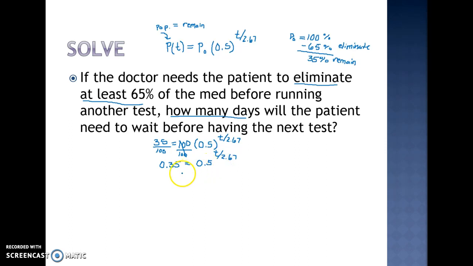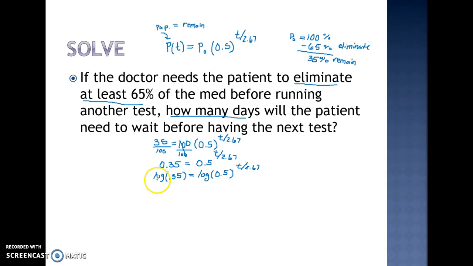In order to continue, I need to take a logarithm on both sides. So I take the log of 0.35, and I'm just writing this out so you see exactly what I'm doing, and I put the word log on this side as well, of 0.5 with an exponent of t over 2.67.